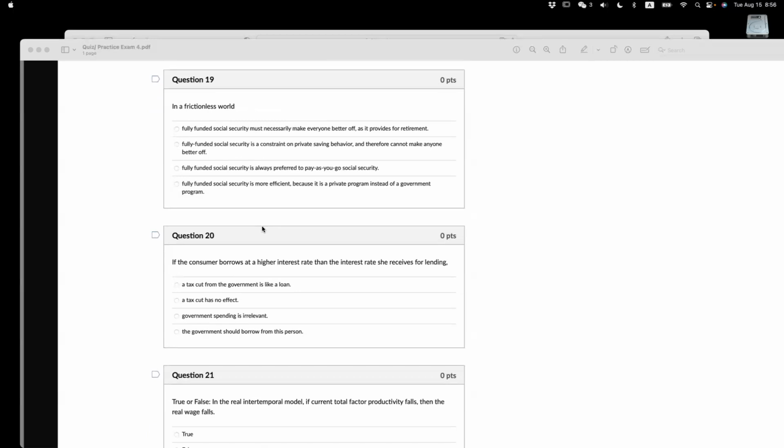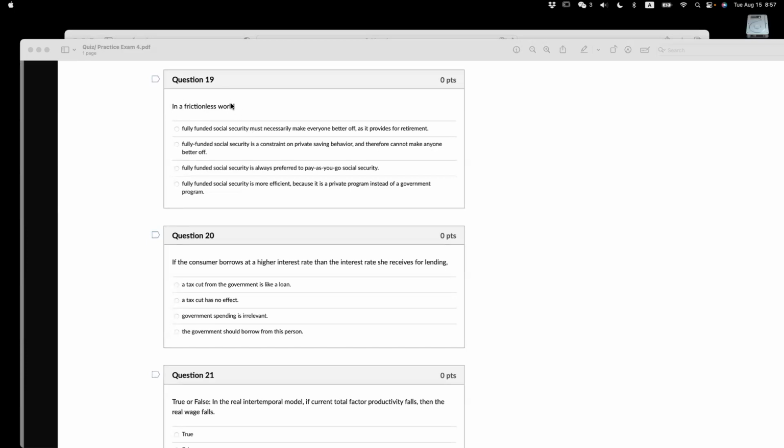Question 19, in the frictionless world. The answer is B, fully funded Social Security is a constraint on private saving behavior, and therefore can make everyone better off. Okay. What is fully funded? Fully funded just says that households save some, and when you retire, the government is going to give you the amount you saved plus the interest.